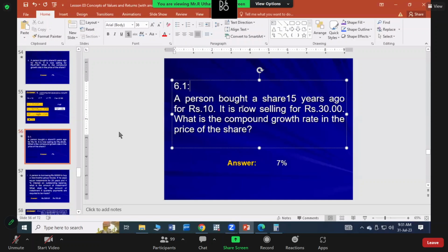That a person bought a share 15 years ago for 10 rupees. It is now selling for 30 rupees.